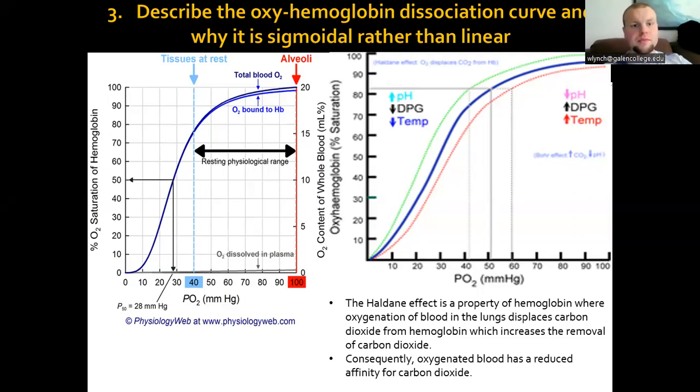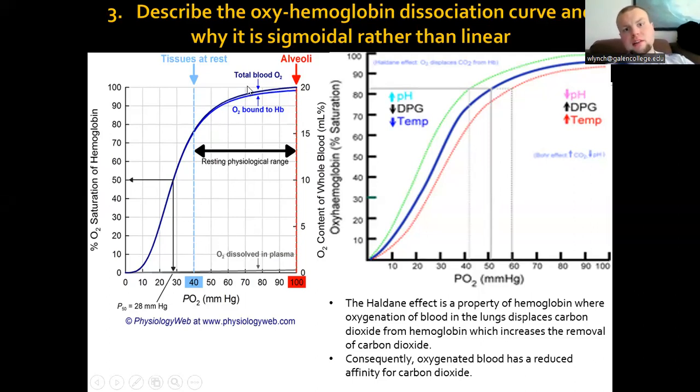So at the tissue level, we're going to have very low oxygen because we have dumped all that oxygen off and it is now being used for metabolism at that tissue. So the percentage of oxygen saturation of hemoglobin at the tissue level is going to be very low, about 40 millimeters of mercury or so.